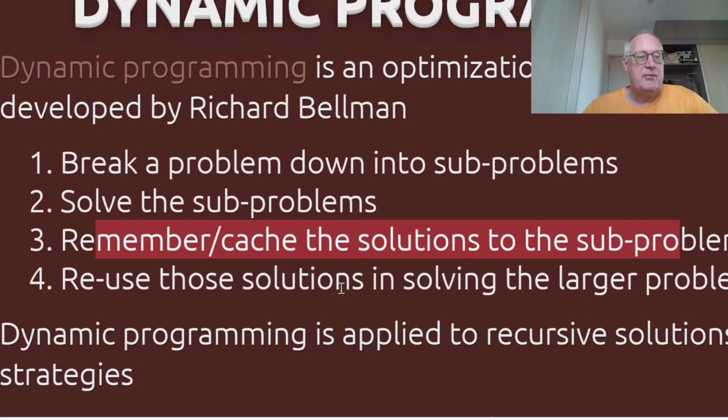Now, because we're talking about subproblems and then generating solutions to the larger problem, that means that often dynamic programming is implemented using a recursive algorithm, but it doesn't have to be. In most modern implementations, it's more defined by the structure of the subproblems and the cache that you need in order to cache those subproblems.